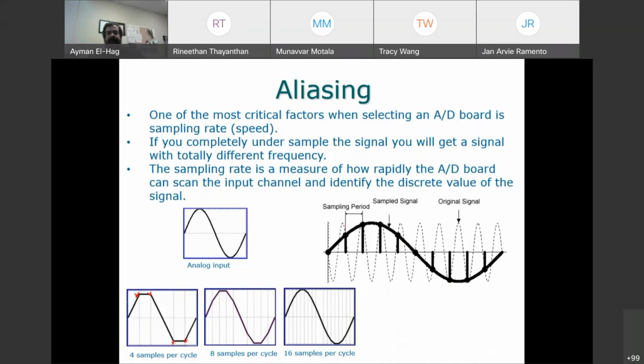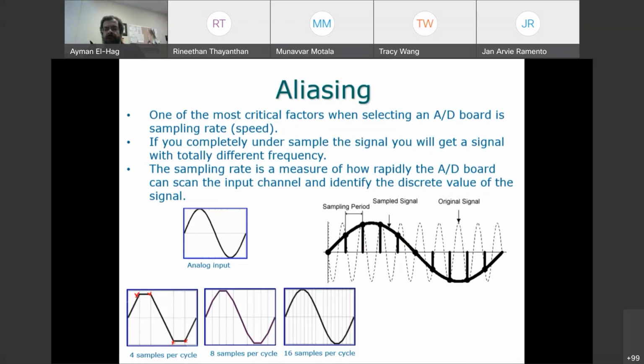So I thought that, okay, I'm getting the right signal, but that's wrong. Your signal is much faster than your sampling rate. So this is what we call aliasing, and it can lead to either distortion or getting a completely different signal than what you are intending to measure.